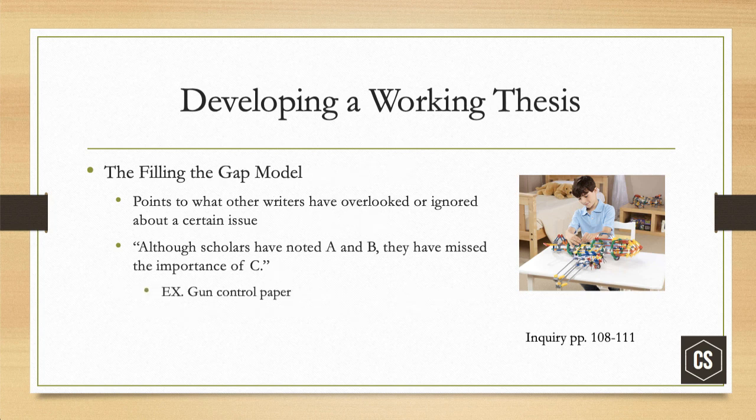So another type of thesis is the filling in the gap model. It points to what other writers have overlooked or ignored about a certain issue. Although scholars have noted A and B, they have missed the importance of C. Several years ago, I had a student who was a very strong proponent of the Second Amendment.